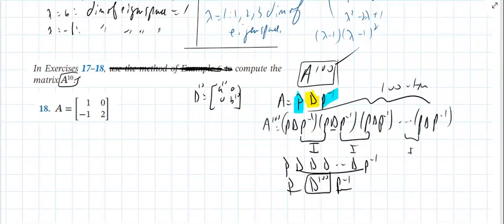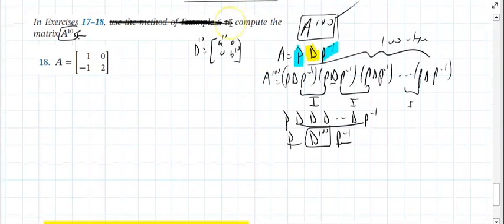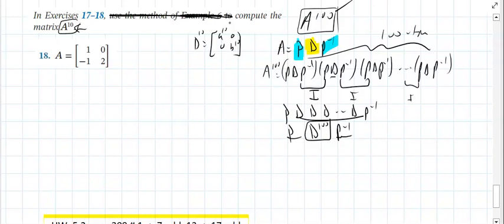Here, they want me to find A to the 10. I could multiply A by itself 10 times. Or I could say, let me check. If I take this A and write it as a diagonal matrix.